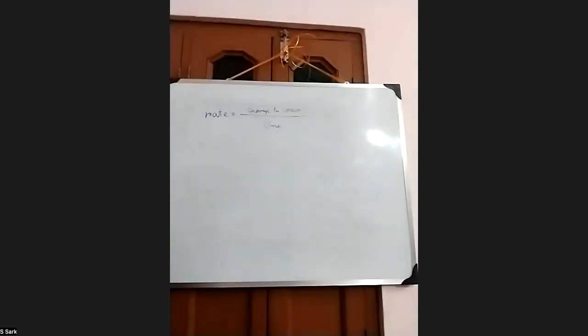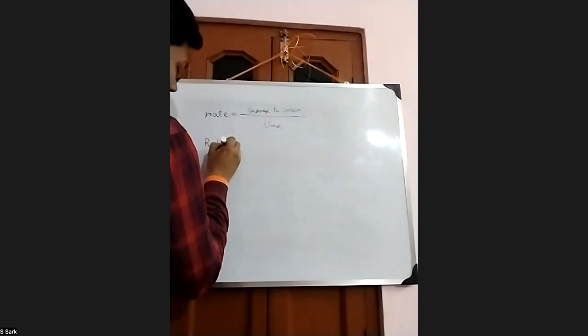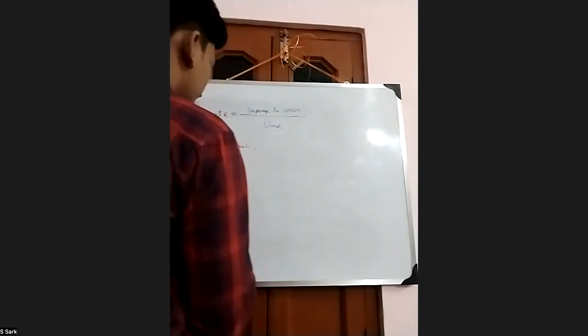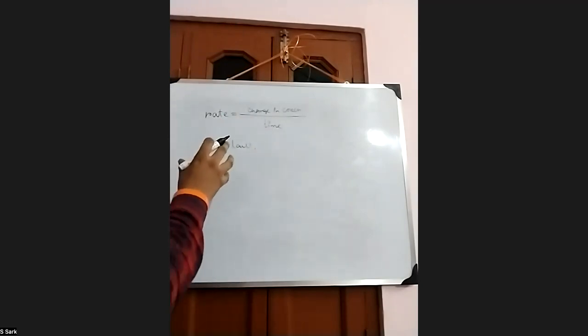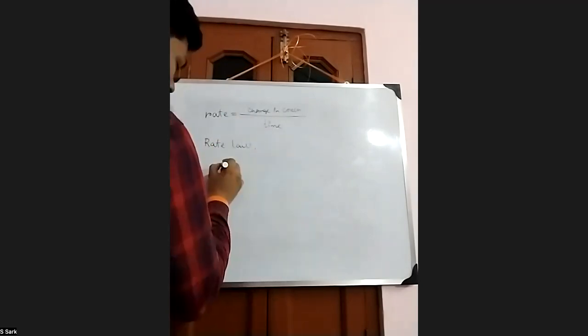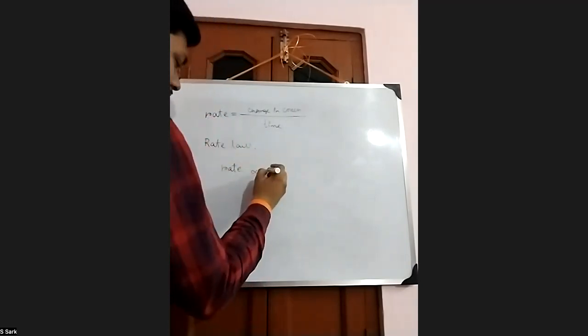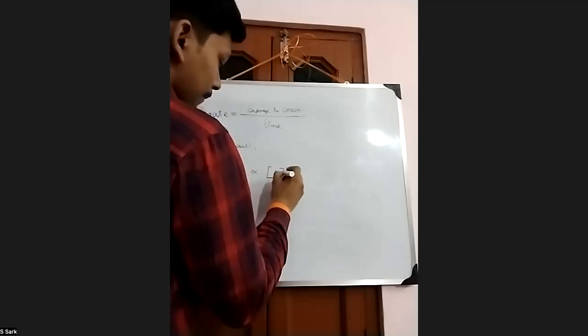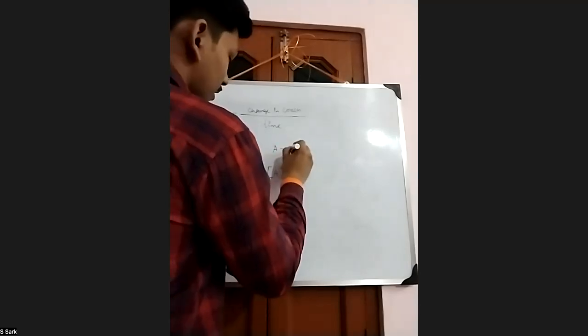Rate law says that the rate of a reaction is directly proportional to the concentration of the reactant raised to the appropriate power. So rate varies as concentration to the power alpha. So if A is reacting and producing P, the rate will vary with the concentration of reactant, and it will look like this.